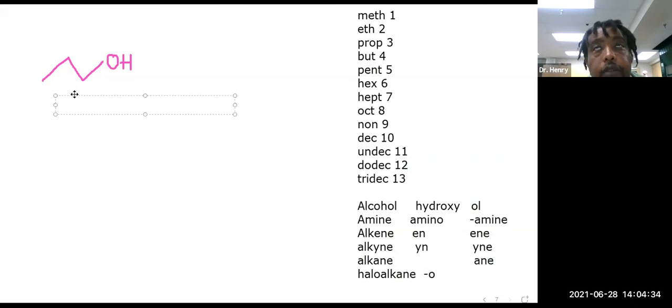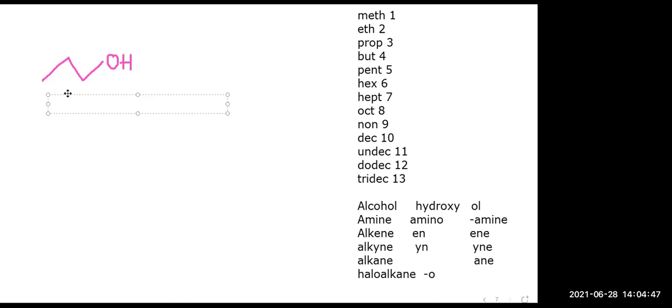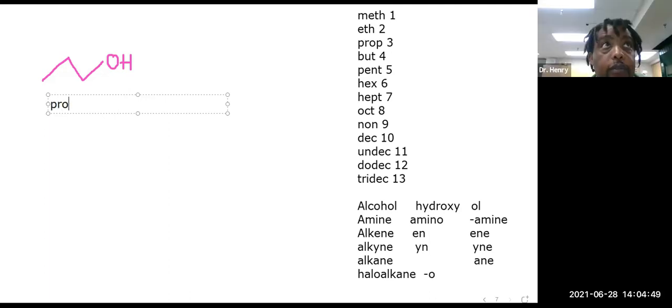What is a 3 carbon chain called? Propyl. So we have prop, ane, ol. Now we could call this guy 1-propanol, or we could just call it propanol because it's understood to be on the 1 carbon.